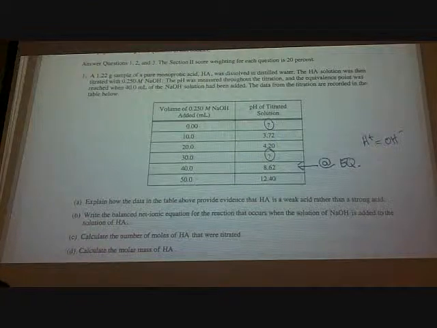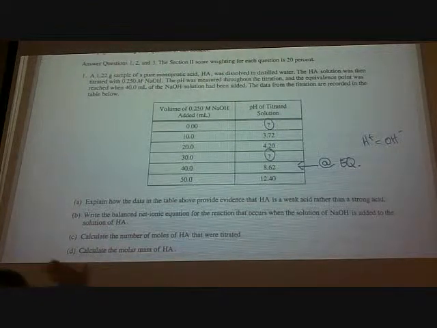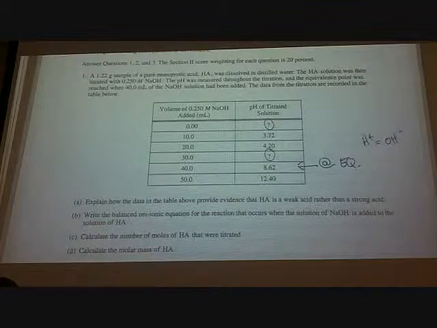In other words, since the equivalence point is on the basic side, and it took about 40 milliliters of our sodium hydroxide. So what I had written down here was 40 milliliters since the pH was above 7 at the equivalence point, and we're using a weak acid. Again, you do not need to write a dissertation.